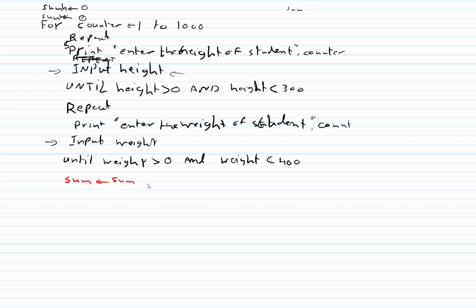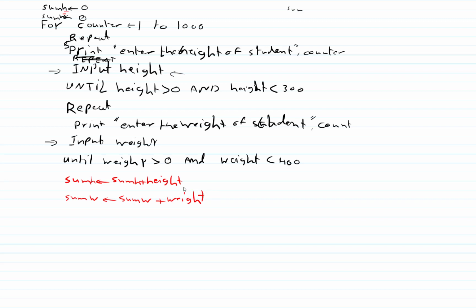We call this step totaling. And sum h, the sum of height, equals sum h plus height, and sum w, the sum of weight, equals sum w plus weight.